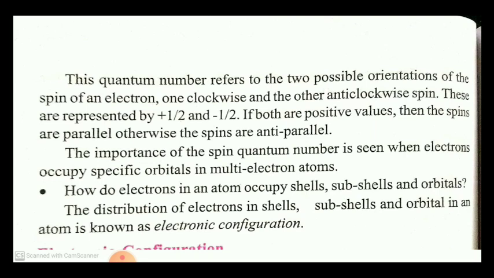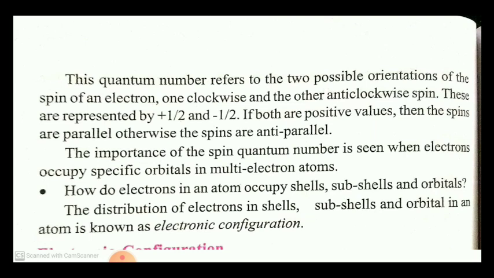The distribution of electrons in shells, subshells and orbitals in an atom is known as electronic configuration. We have discussed the quantum numbers to know about the shells, subshells, orbitals and spin orientation.